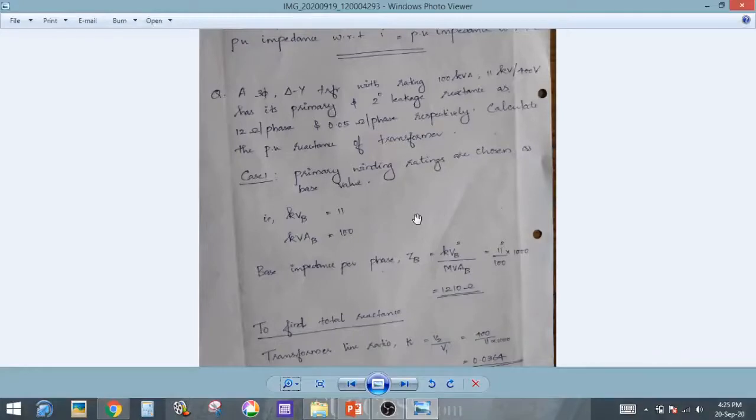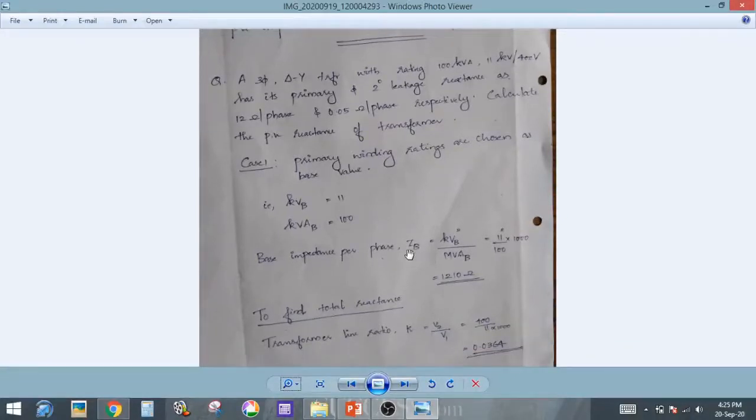In some questions it is directly given to select this voltage as the base kV and this power as the base kVA. Otherwise we can choose the power from the given question. So the base impedance ZB equals, by the previous formula, base kV square divided by base MVA, that is 11 square divided by 100 into 1000, that is 1210 ohm.